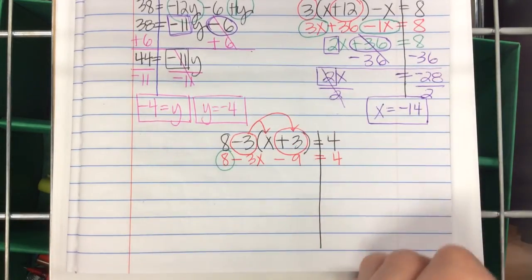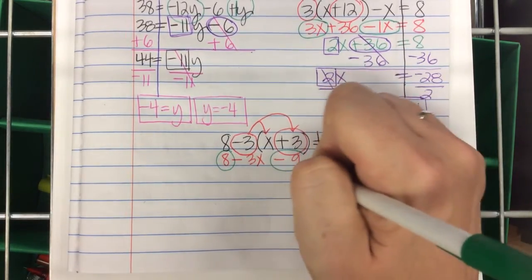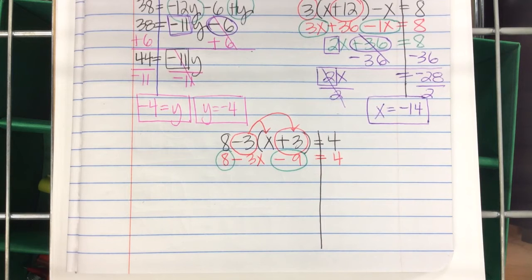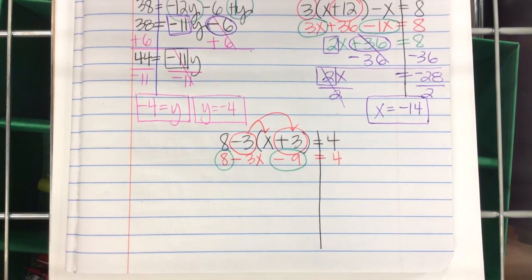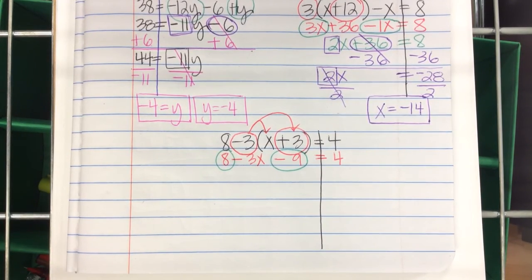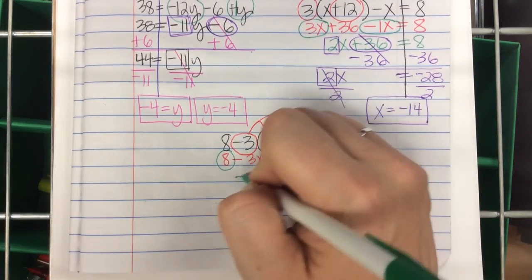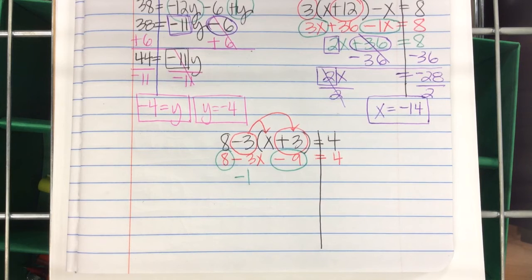8 and negative 9, right? They both are constants. They have exactly the same variable, meaning they don't have a variable, so that's the same. What is 8 minus 9? Negative 1. What happens to that minus 3x?